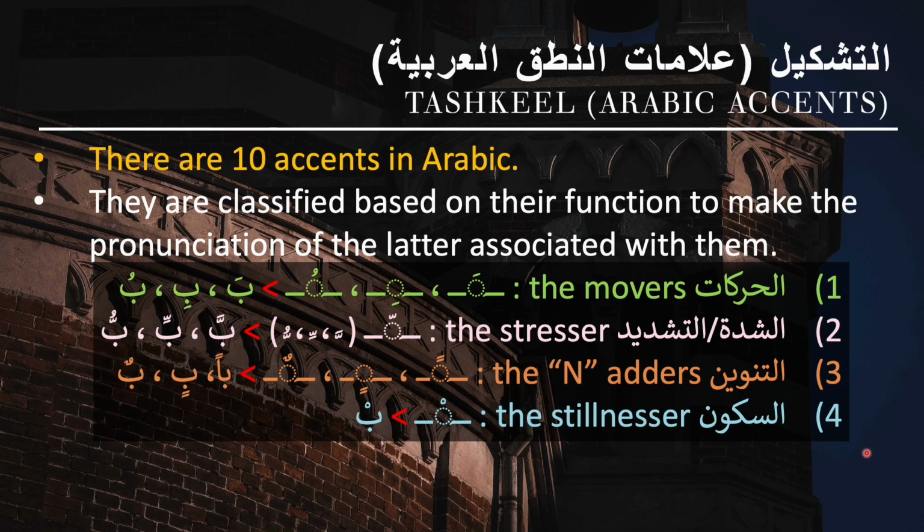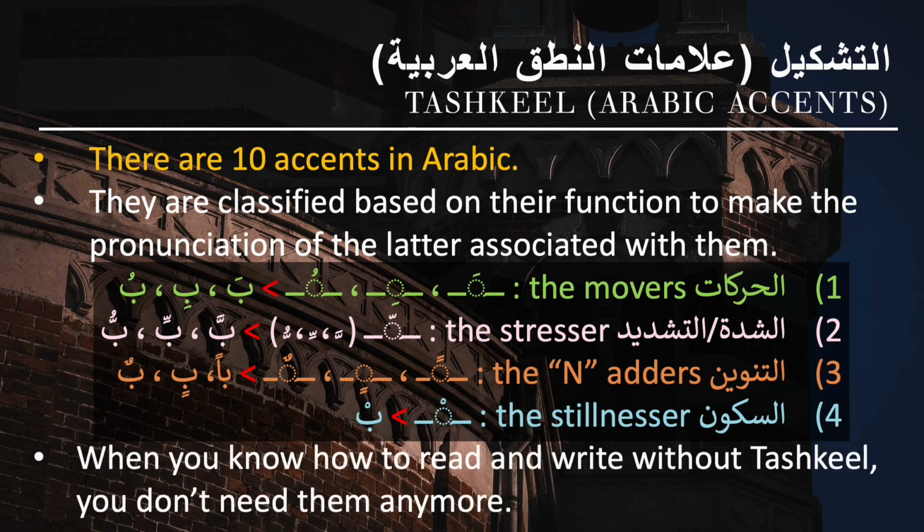So I will not use them a lot during our lessons because I can rely on your ability to read the letters and the words without having the tashkeel on top, and you still can pronounce them correctly. When you know how to read and write without tashkeel, you don't need them anymore. They are not mandatory.